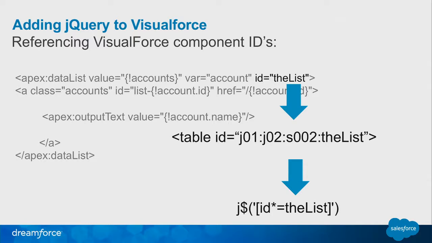If you've ever pulled up the source, it's always this j_id0:j_id2:Apache Bravo something, and then the ID that you actually wanted. jQuery also has a relatively simple solution to that because it supports partial selectors. If we put in ID star equals the list, it will ignore that whole j_id blah blah and just bring you the component based on the fact that the list is within the ID itself.